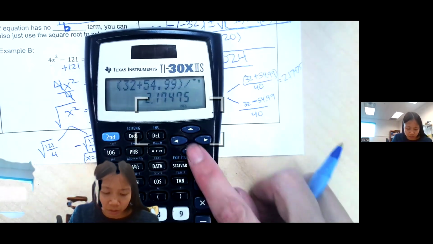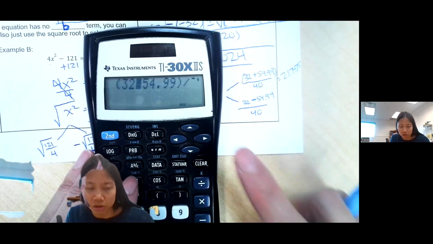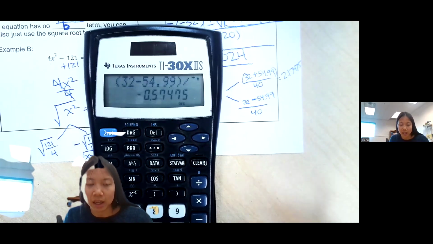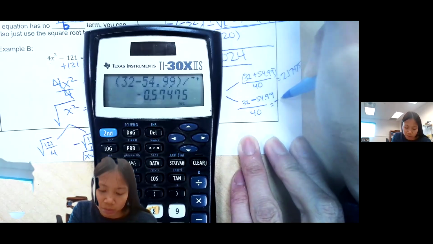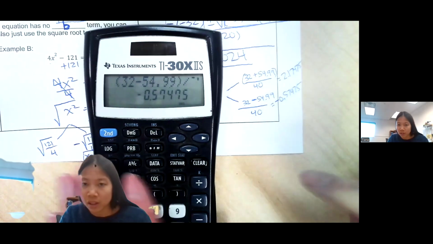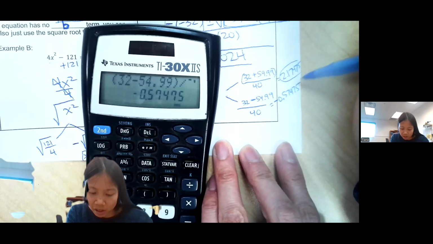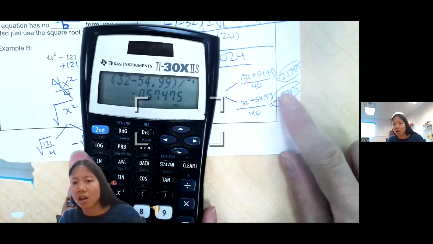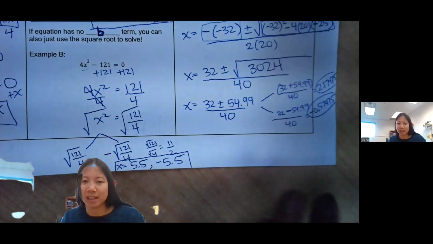And then if I did it with the other one, I can just hit the up key and change that to a subtract sign. And now I got my other x-intercept, which is negative 0.57475. So those are my two x-intercepts as approximate answers. On Derivative, it'll want you to write it as an exact answer.